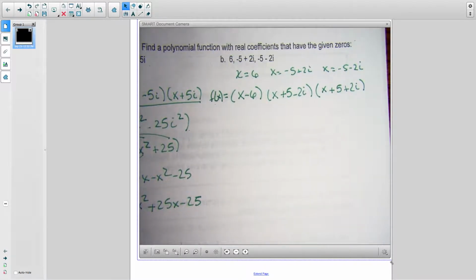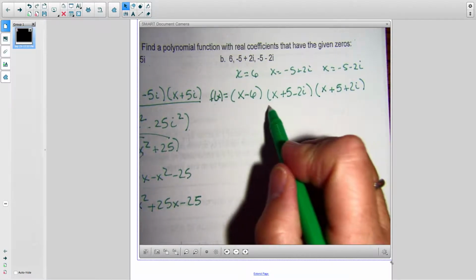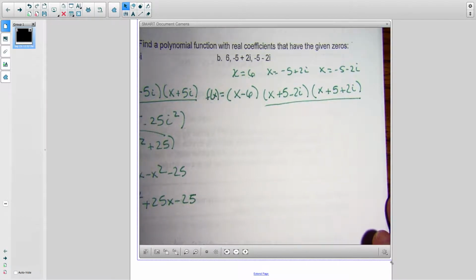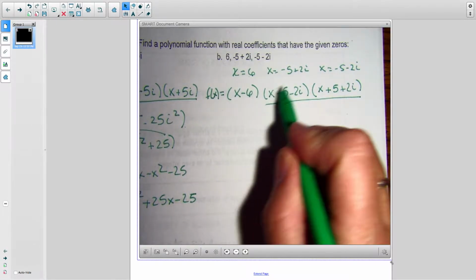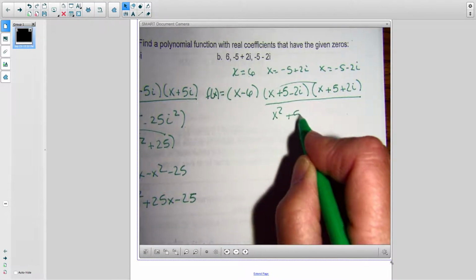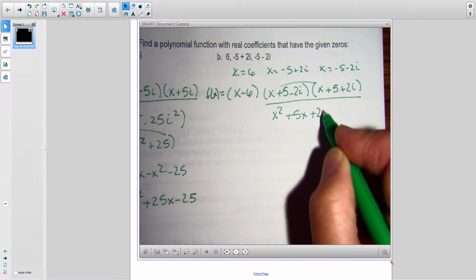Where are we going to start with our multiplication? Multiply the ones with the complex numbers first. So distribute x through: x squared plus 5x plus 2xi.